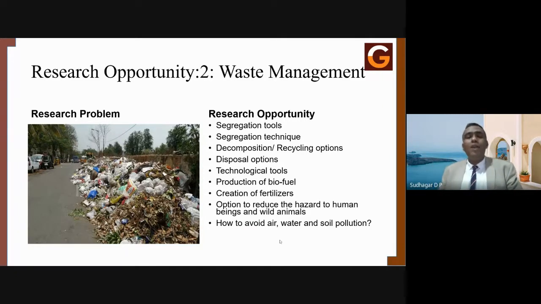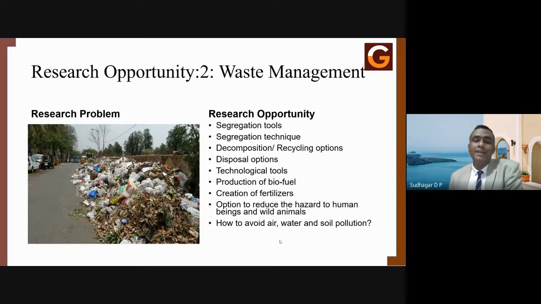So, what are the opportunities available when it comes to researching waste management? Is it possible for you to come out with a segregation tool? Just imagine if you have been asked to segregate the garbage which was piled on the road, would you do that? Will it be very easy to segregate? So is it possible for you to come out with a segregation tool, or to research a segregation technique?